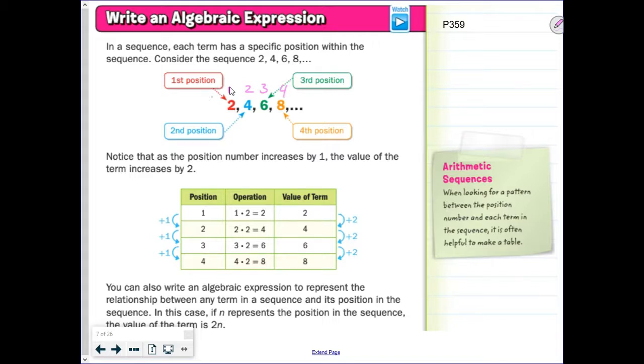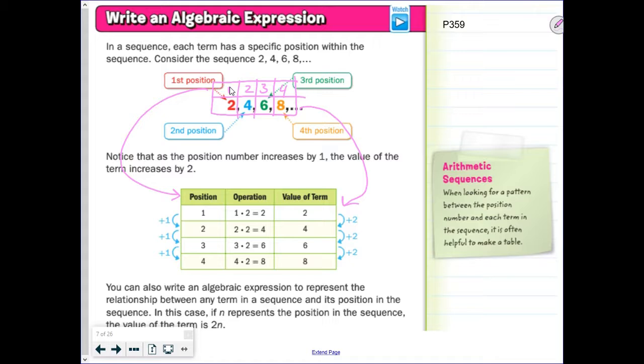If I wanted to, I can now turn this sequence and my numbering into a table. And you can see down here at the bottom, they have done that, where the position is the top line and the term is the bottom line.